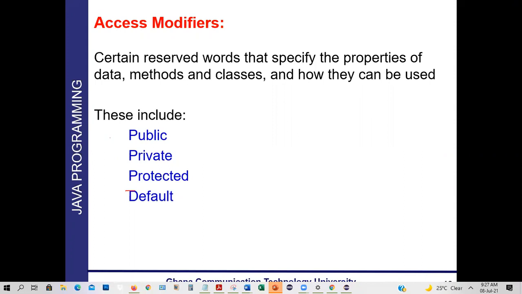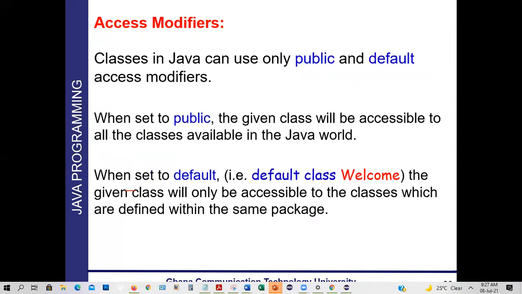In most cases, because we're writing programs that we want to execute and then maybe access other classes and other things, we use public most of the time or almost all the time. So classes can use public and default as the access modifiers. You can also use protected, but it's going to create problems for you if you start writing more and more code.